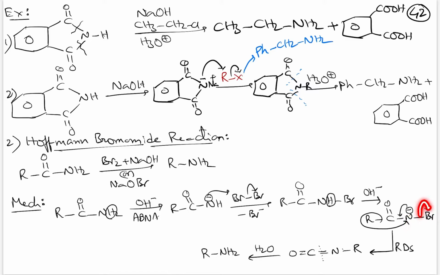When Br minus, see, initially 2, 4, 6, one lone pair is also there. Total 8 electrons are present. But when this bonded pair of electrons is going, it will be having 1, 2, 3, 4, 5, 6 only. But it will become neutral, that is a nitrene intermediate.